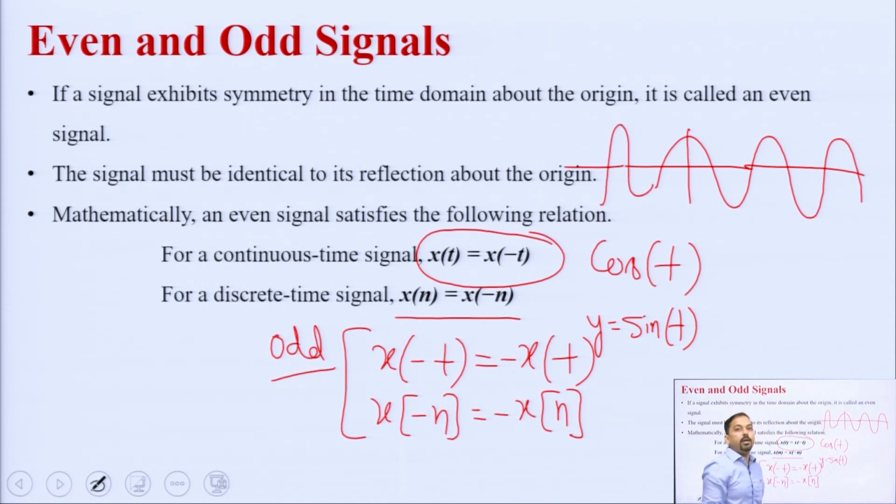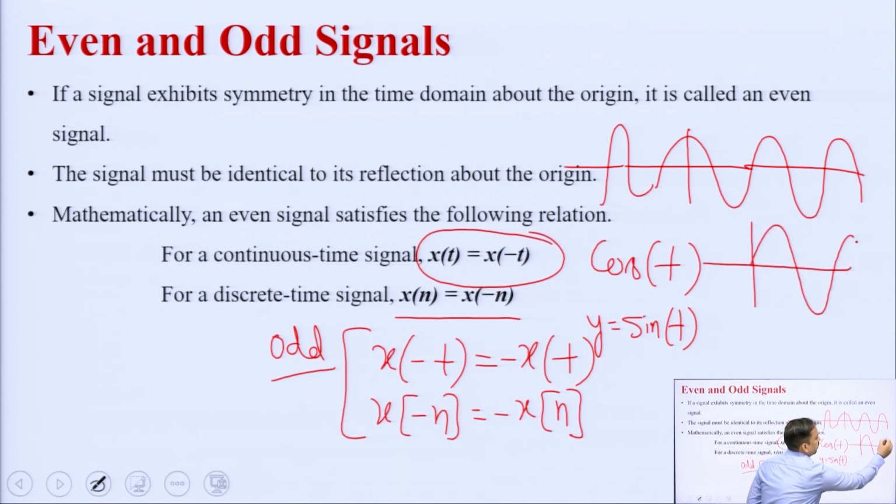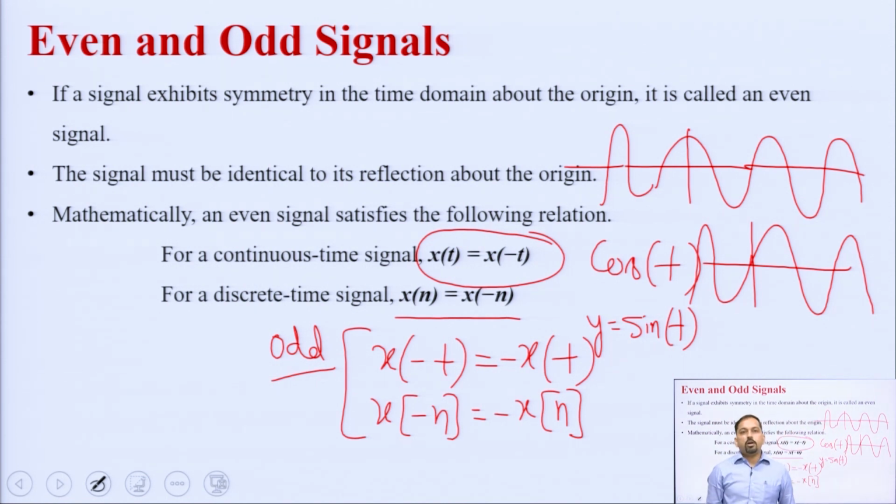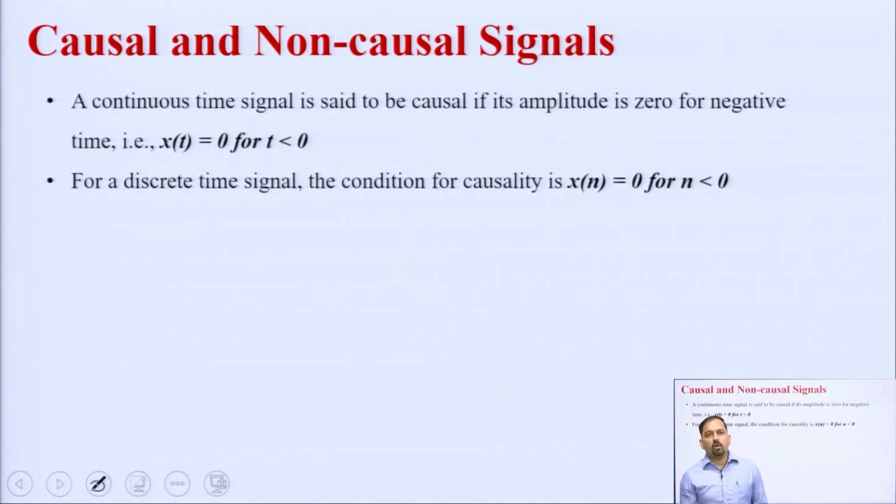These are mirror images about the vertical axis, whereas the sine function is something like this, so it is not a mirror image. So we can identify an even or odd signal by seeing the signal itself, or mathematically we can check with the help of these two conditions whether the signal is even or odd.